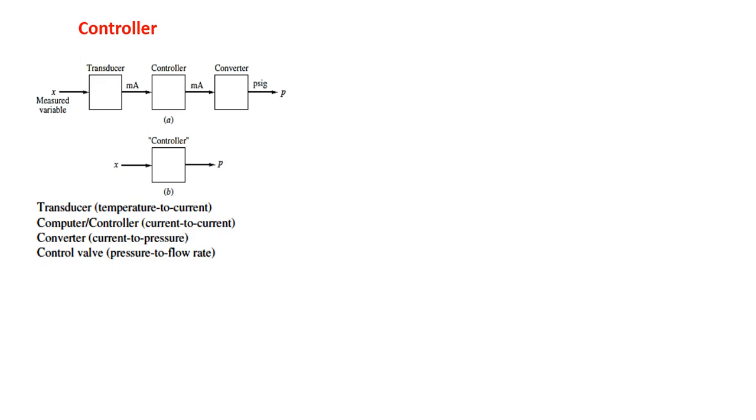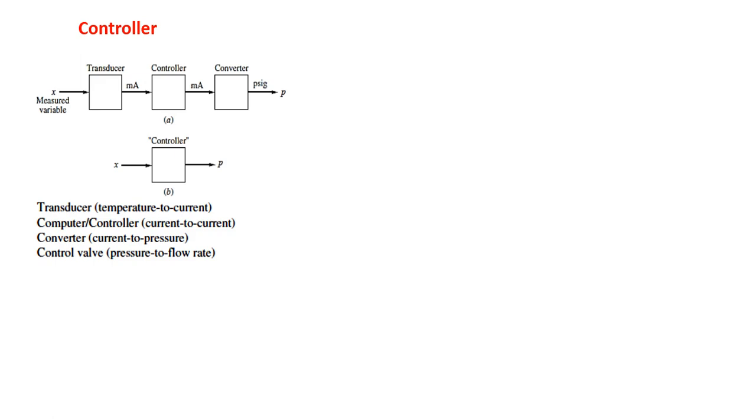Now what do a transducer and a converter do? The transducer takes the measured value, the actuating signal, which is the actual signal you are getting from the measuring device, and converts that signal into an electric signal, that is the current.